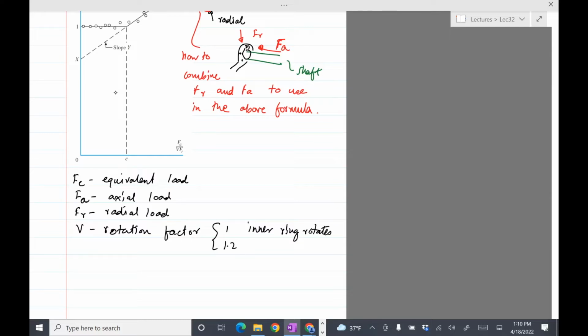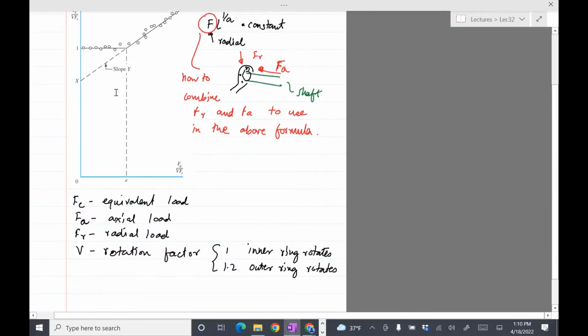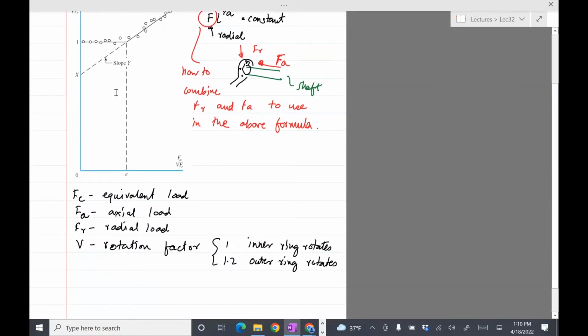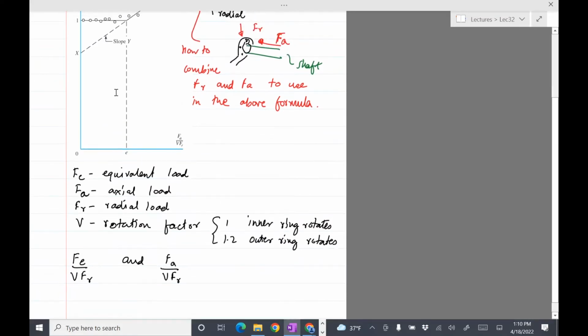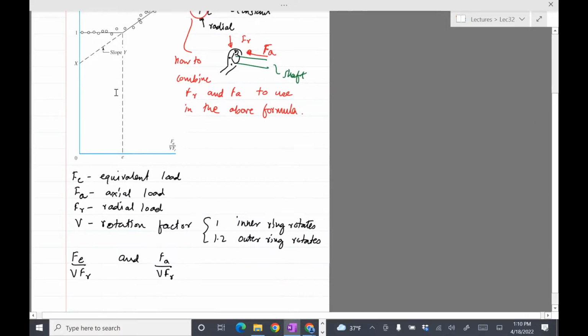So there are two types of bearings. One is when the inner ring rotates, so you'll use V equals 1. And if the outer ring rotates, then you'll use V equals 1.2. Okay, so once we've defined this, we make a plot of the equivalent load versus V times FR and FA divided by V times FR. And that plot is shown here.